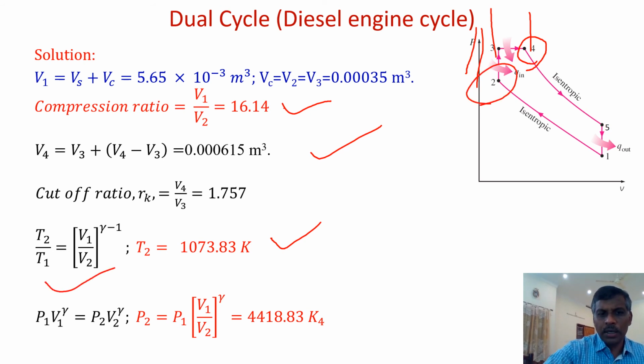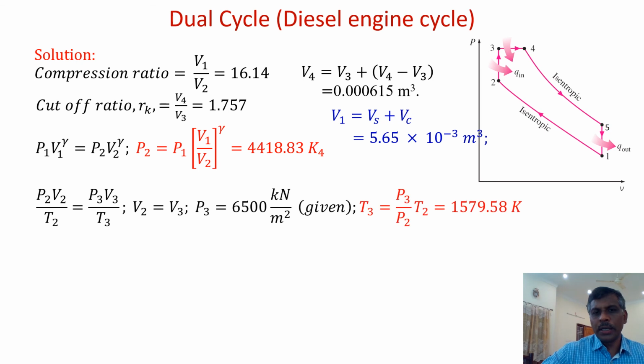Here PV to the power gamma is equal to constant. Once you apply it, again V1 by V2 is 16.14, then you can calculate the pressure. Sorry, this is kilopascal, kilonewton per meter square.